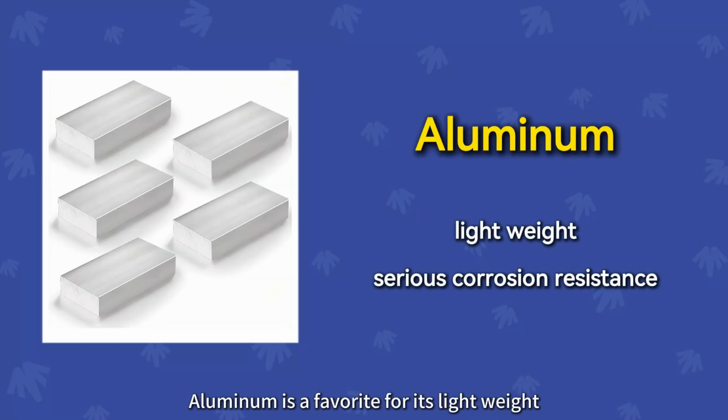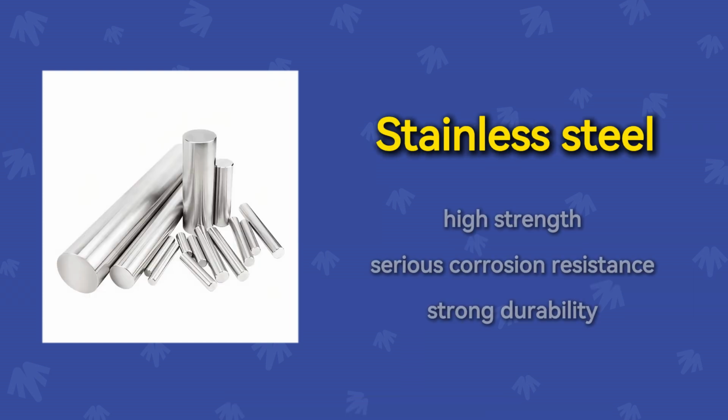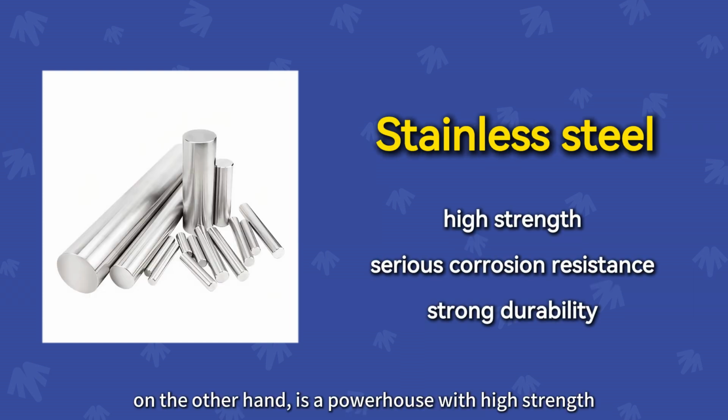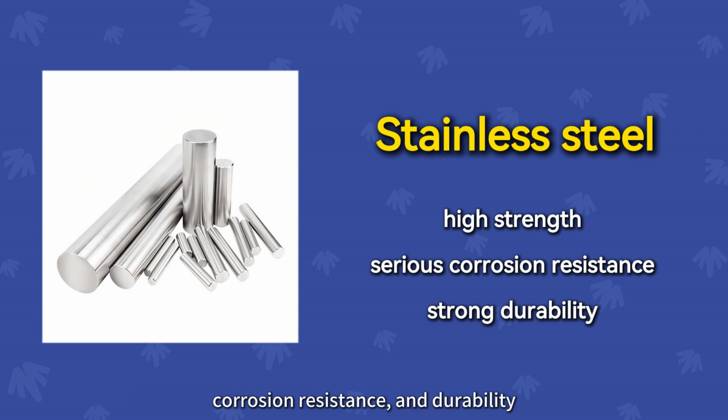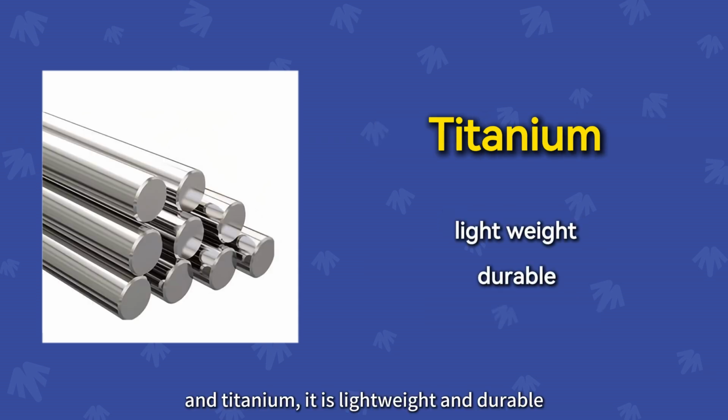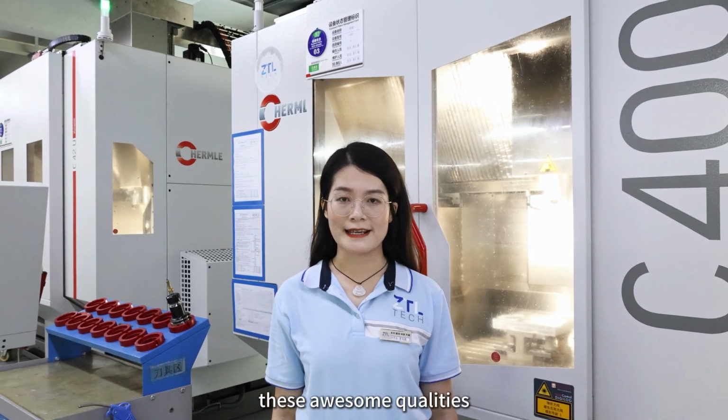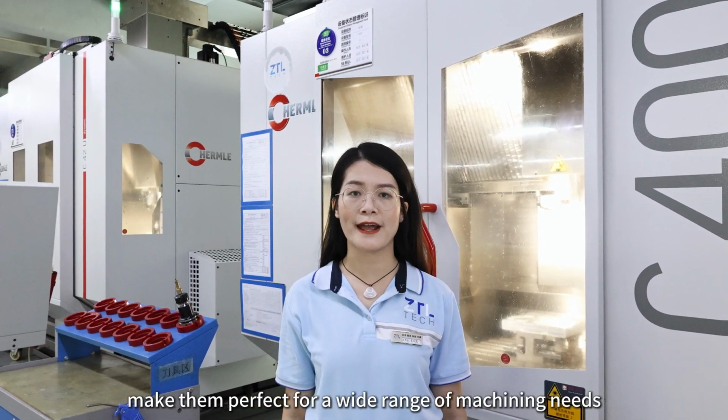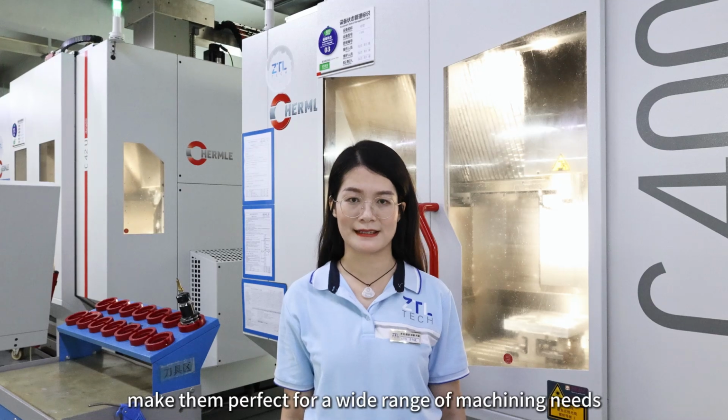Aluminum is a favorite for its lightweight and serious corrosion resistance. Stainless steel, on the other hand, is the powerhouse with high strength, corrosion resistance, and durability. And titanium, it is lightweight and durable. These awesome qualities make them perfect for a wide range of machining needs.